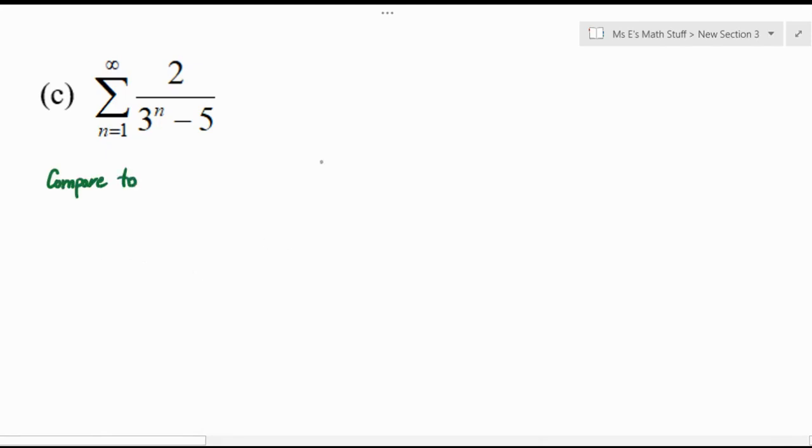So I personally would see if I can get rid of that little -5 there. So the sum as n goes from 1 to infinity of 2 over 3 to the n, which if you factor the 2 out, you'd have the sum as n goes from 1 to infinity of 1 over 3 to the n, which, my friends, is a geometric series with a common ratio of 1/3.